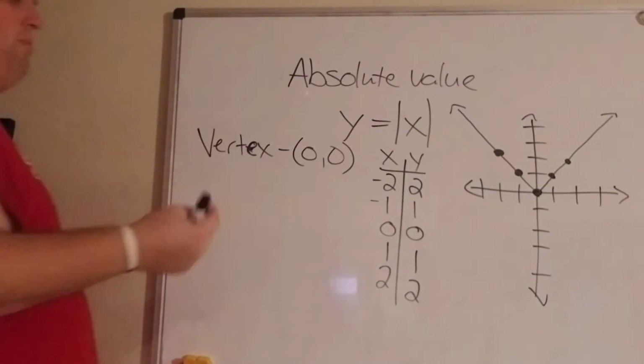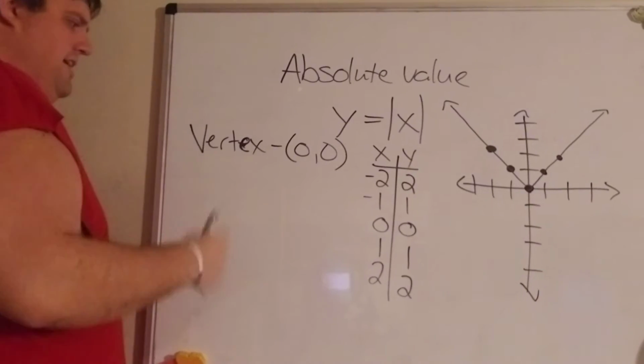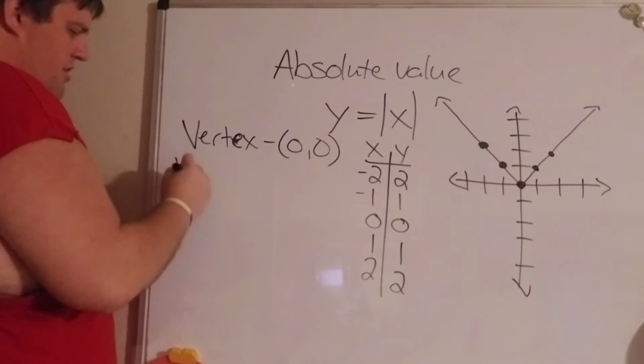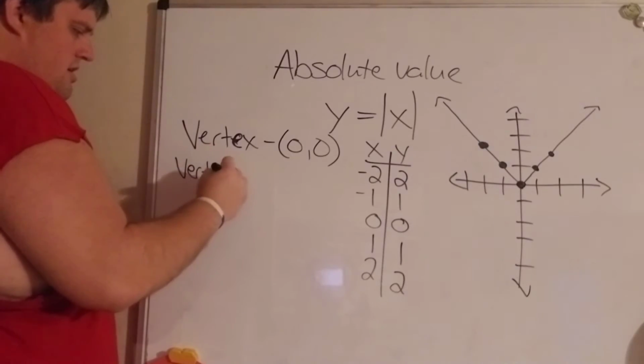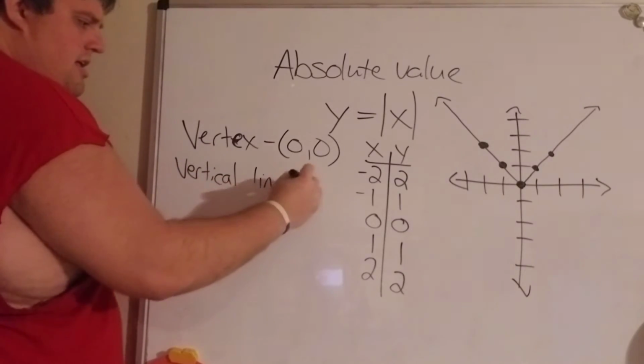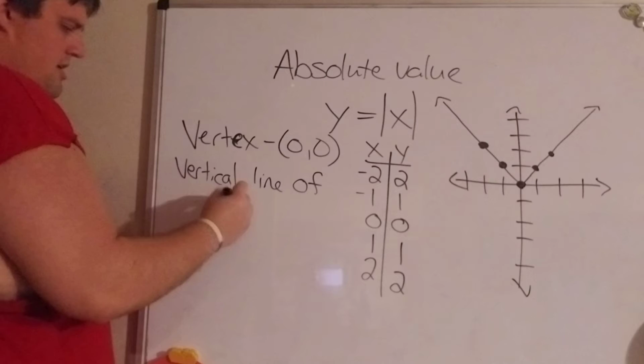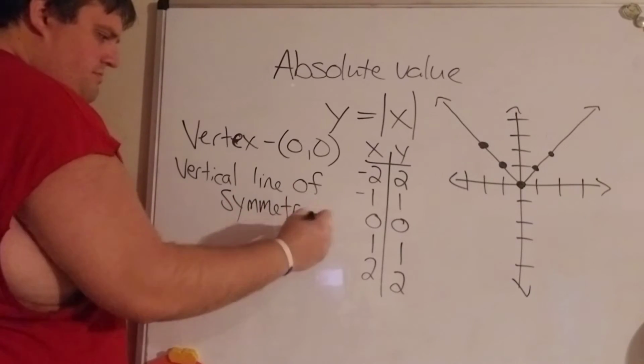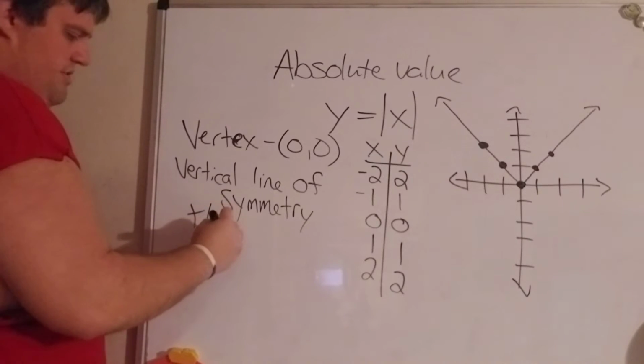And a really good way to define this vertex is that there is a vertical line of symmetry through the vertex.